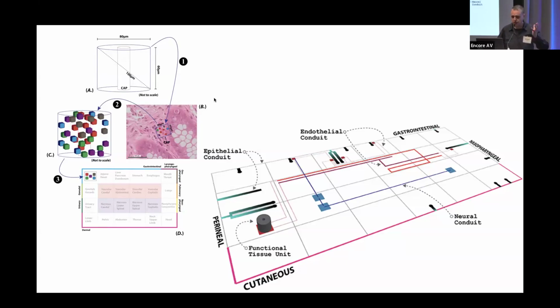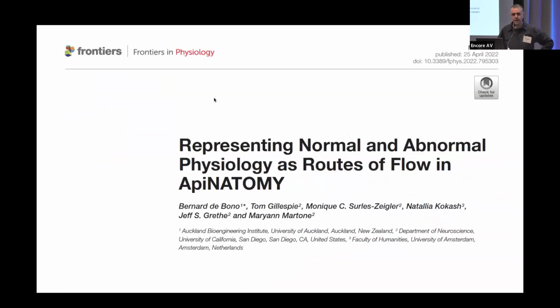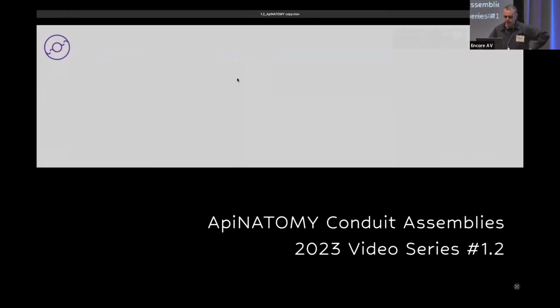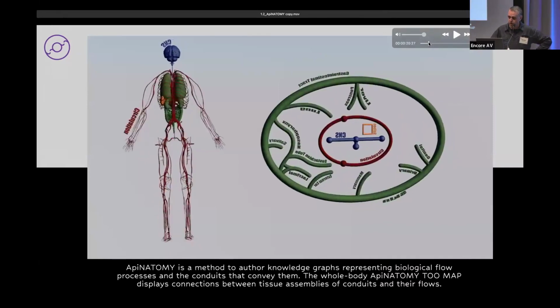And this work has been of long standing, and it is now at a level where we essentially have a knowledge graph of connectivity that is also easy to query and to visualize.